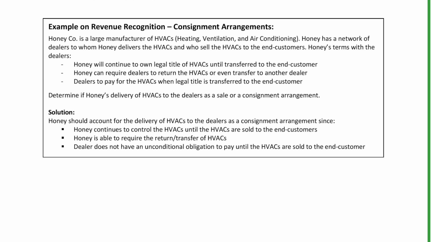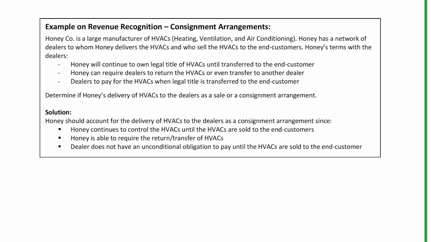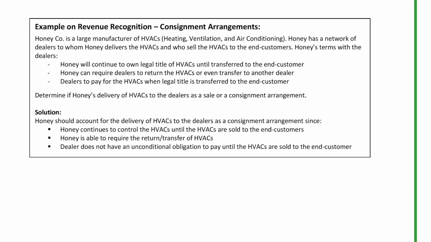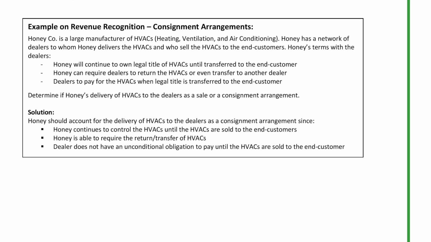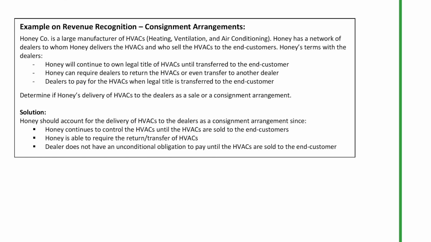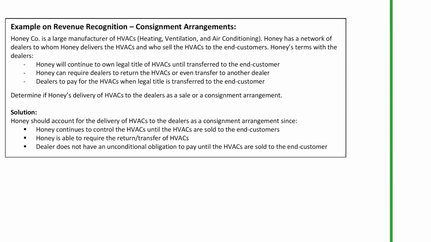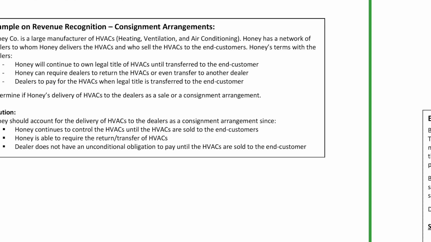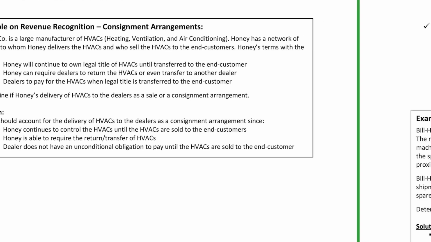Look at the example that we have here. Honey Company is a large manufacturer of HVACs. Honey has a network of dealers to whom Honey delivers the HVACs and who sell these HVACs to the end customers.